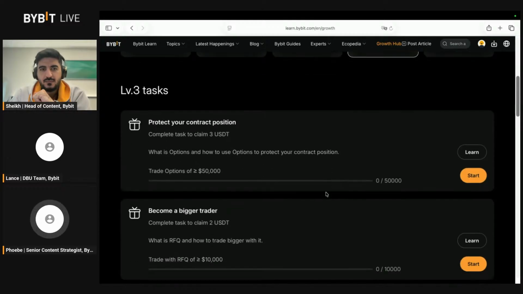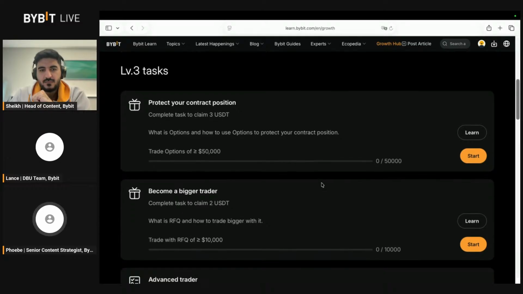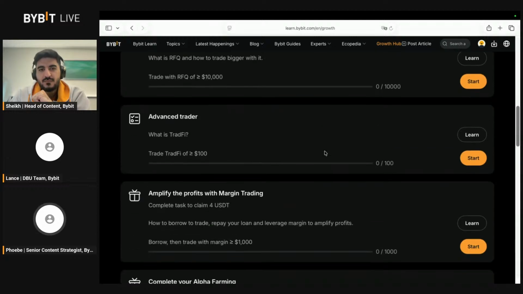On this level, you can try tasks like advanced order types like iceberg and TWAP, using options to hedge your futures positions, and trading with RFQ for large block orders. If you don't know these kinds of terms, it's okay. Later, after you finish all the tasks, you can get to know all of them step by step.